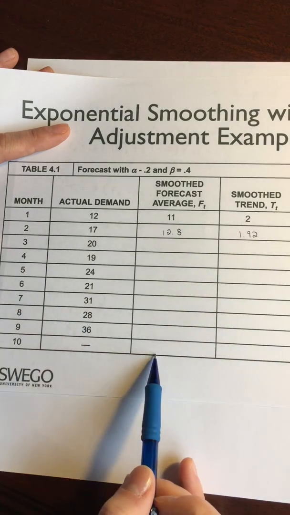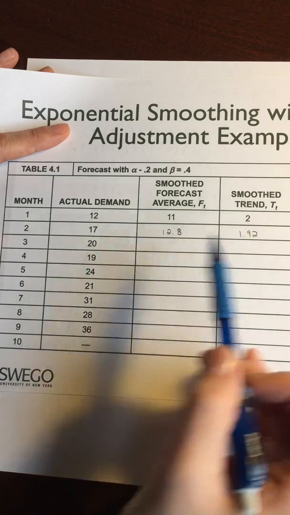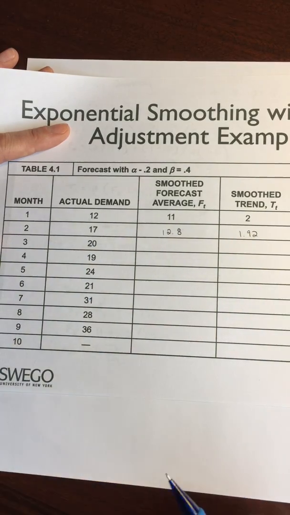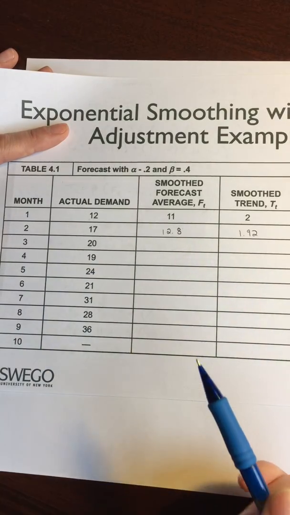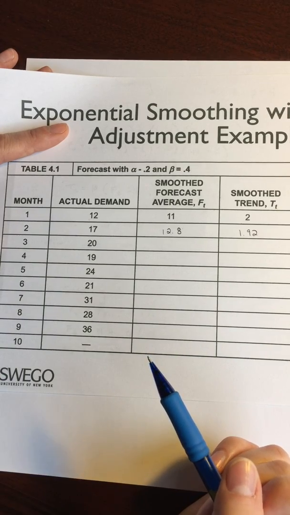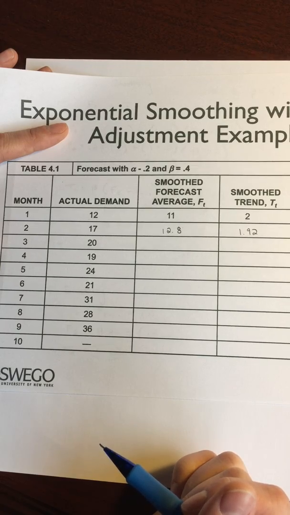Again, we can't just start here, because we actually have to use our model to calculate the forecasted and the smooth trends for each time period, because they build upon each other. And then if you wanted to determine how accurate it was, if you were looking at multiple models, you could use any of the 3 forecasting error methods that we talked about in the previous video to determine which one is actually going to give you the most accurate forecast.